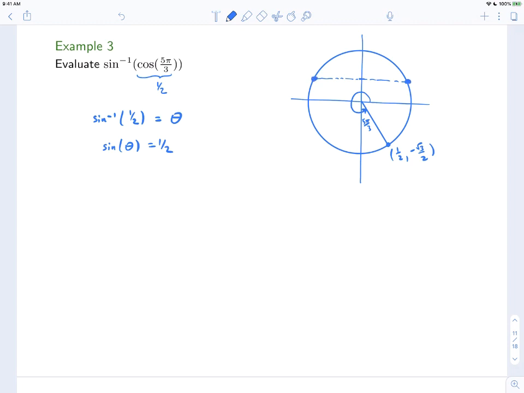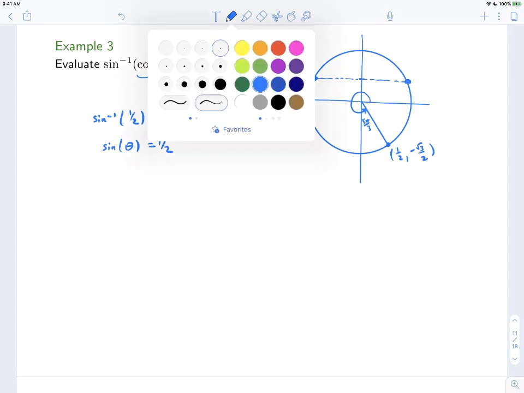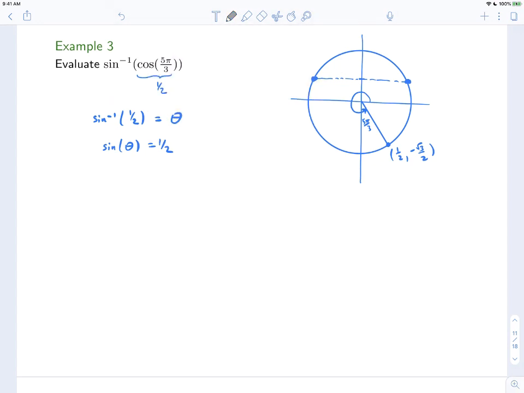In the first quadrant, let me just change the color of my pen here. The point that we have has y-coordinate 1/2. So the x-coordinate is the square root of 3 over 2, and the y-coordinate is 1/2.